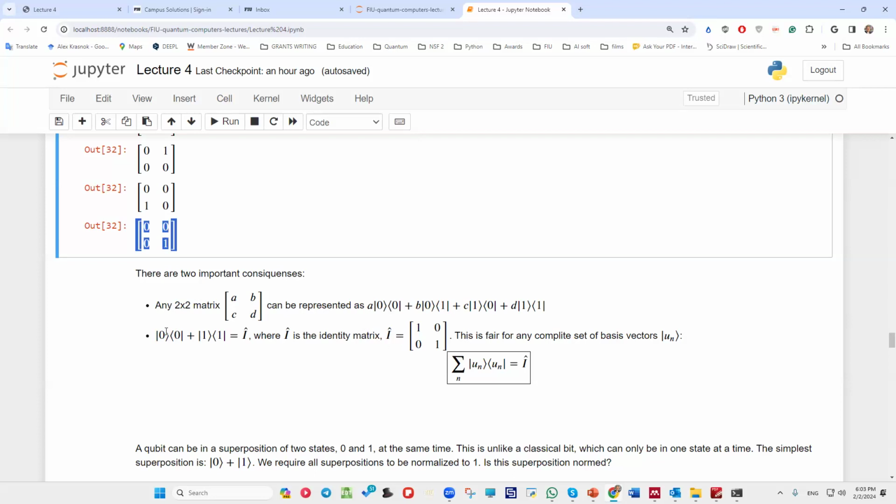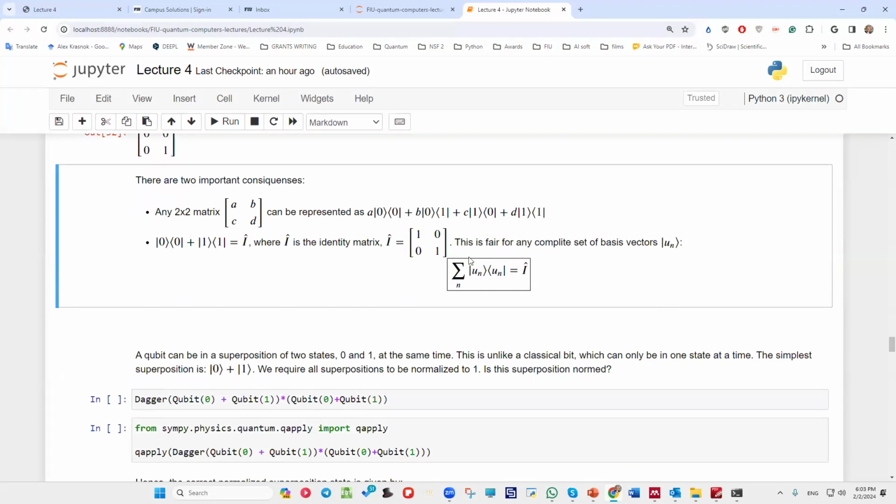And if I compute the sum over all combinations of the 10 basis vectors, I will get the identity matrix. This is rather important, and that's why I put this formula in a box here. This is a rather general result.